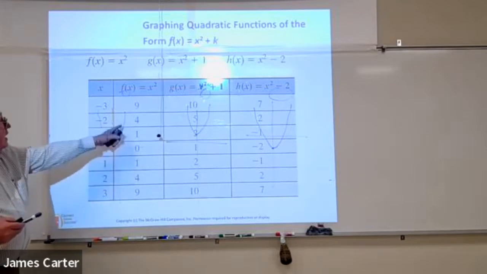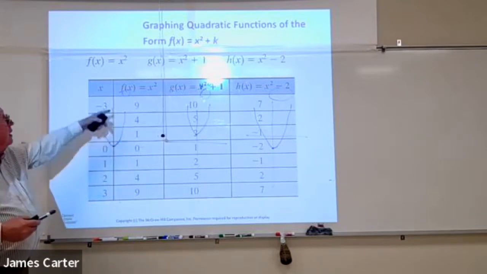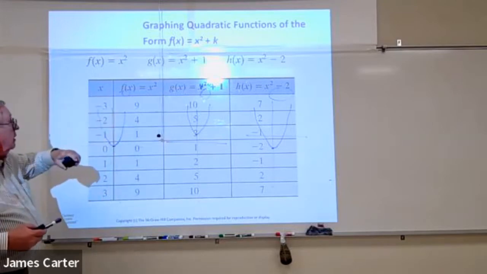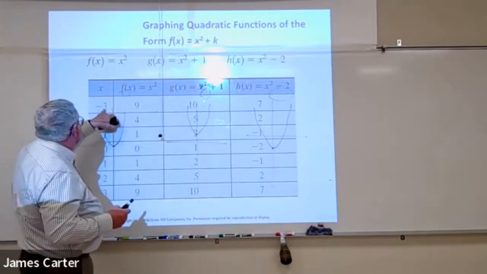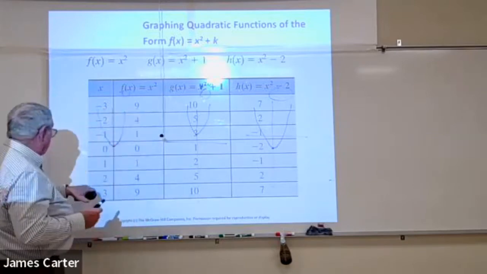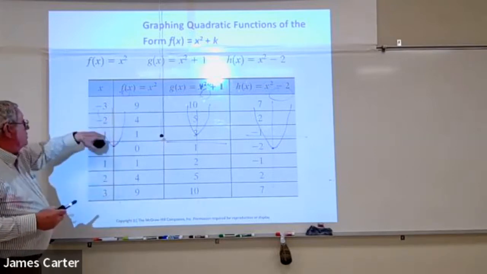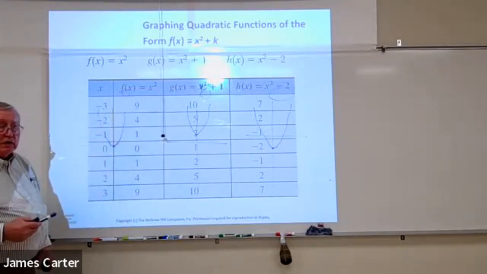And then the y answers are a result of whatever these are in the equation. So in this case, if x is -3, x squared is +9. Well, so is +3, giving +9.